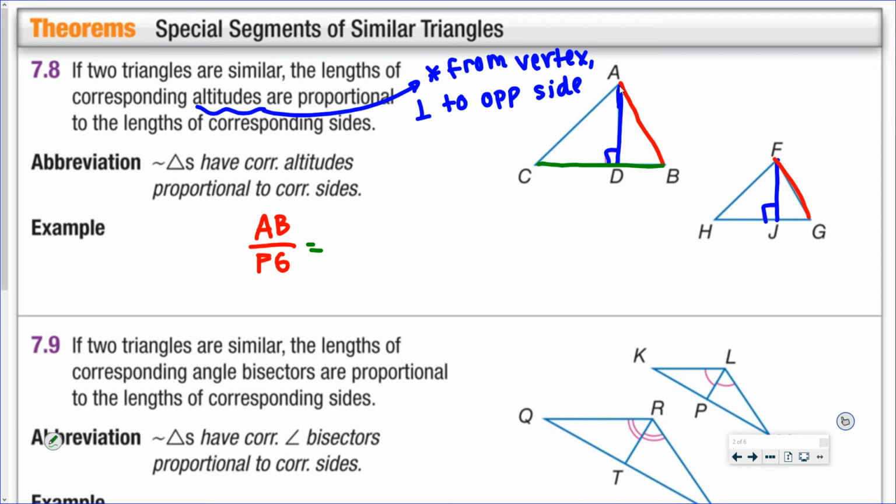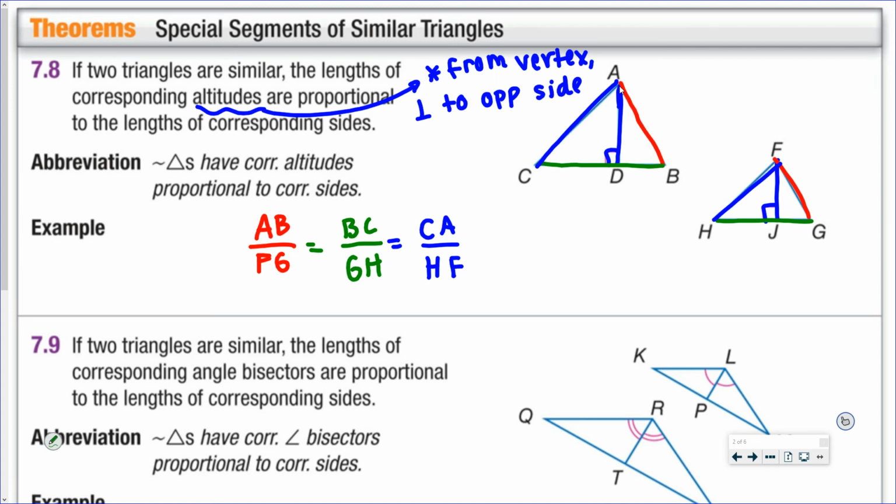So I could say BC to GH, and I know that's proportional to CA to HF. Okay, we know this, right? As long as the triangles are similar, we know this is true about their corresponding sides.